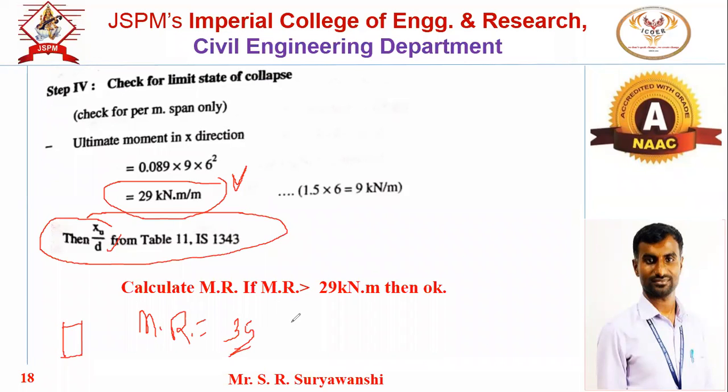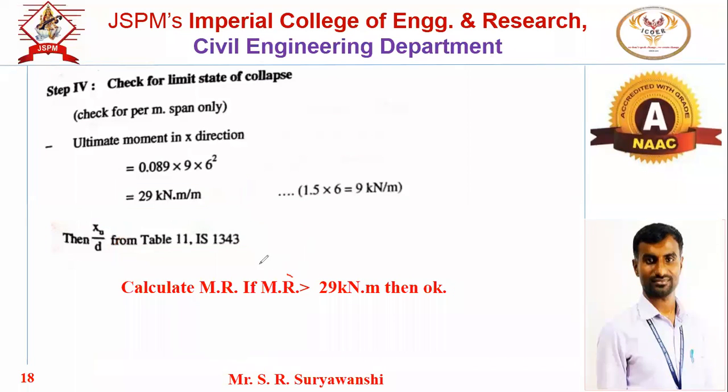If the moment of resistance of the given section is greater than the ultimate moment calculated, then it is okay, because this moment of resistance is the moment sustained by that particular section.